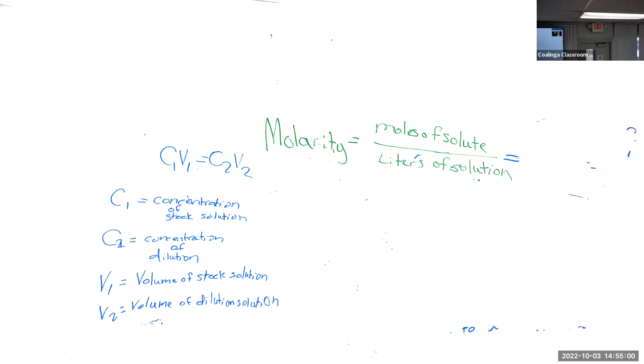So in this case, it says 0.850 liters of a 5.00 molar solution of copper nitrate. Okay, so what is 0.850 liters? This would be our V1.